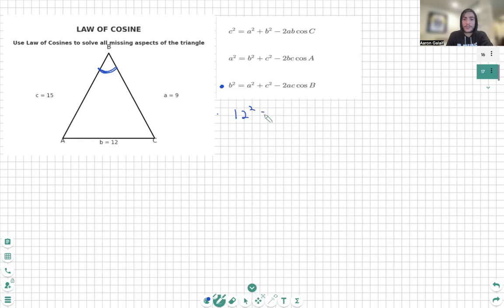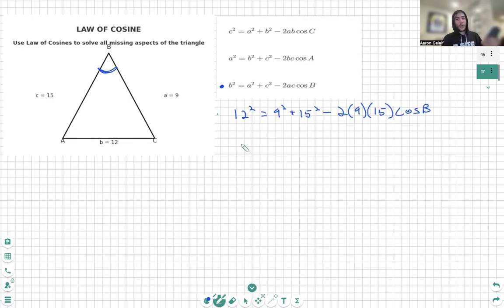B squared is 12 squared. A squared is 9 squared. C squared is 15 squared. Let's make that a little neater. 15 squared minus 2 times A, which is 9, and times C, which is 15, times the cosine of B, which we do not know, and we are solving for.